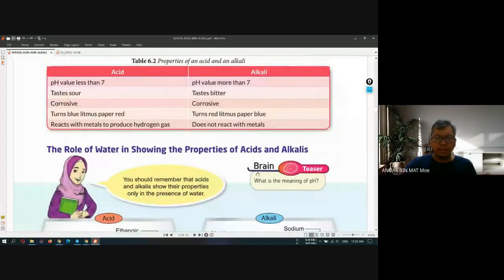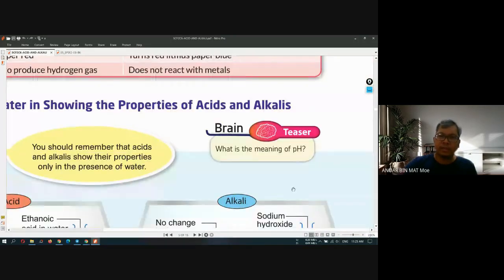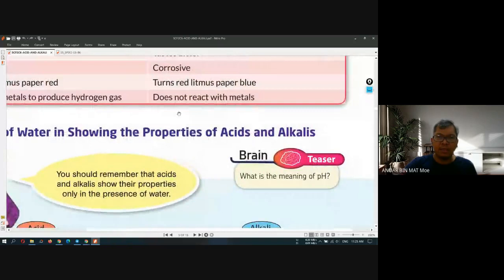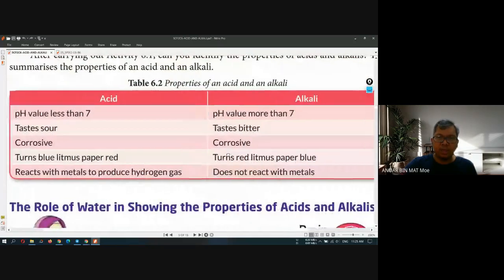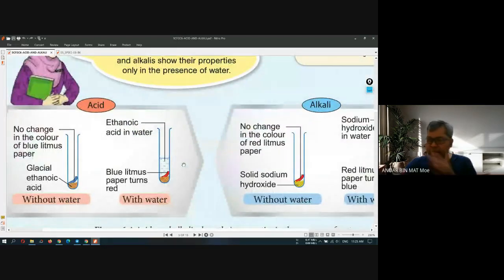Okay, again, in this topic, 6.1, please remember and understand the properties of acid and alkali. Number two, you must remember that the acid or alkali properties only show when there is water.